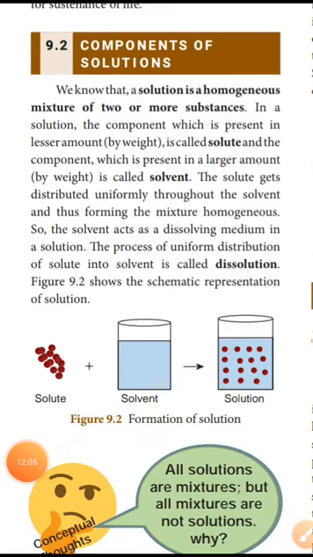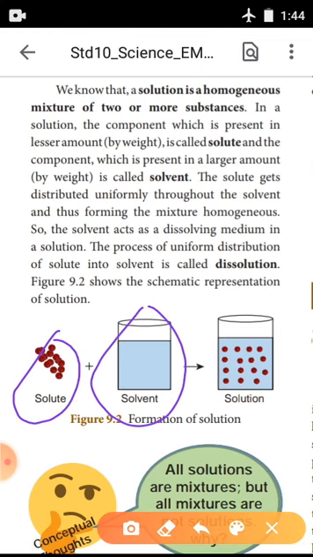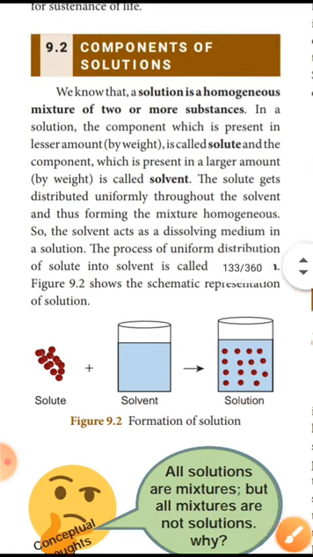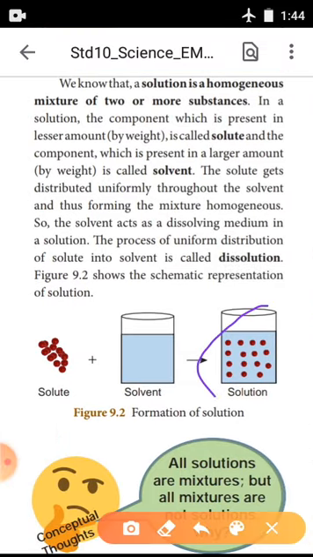Then what are the components of a solution? The solution contains two components. One is solute, another one is solvent. We can get one solution. So in a solution we need two substances.